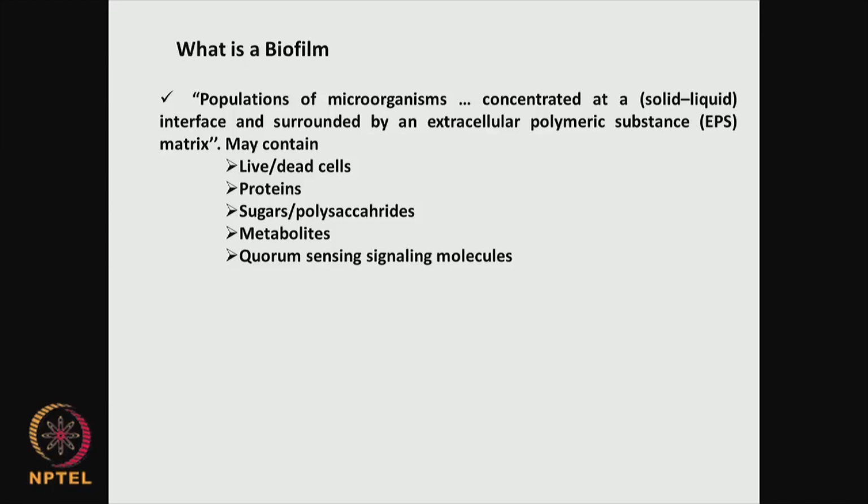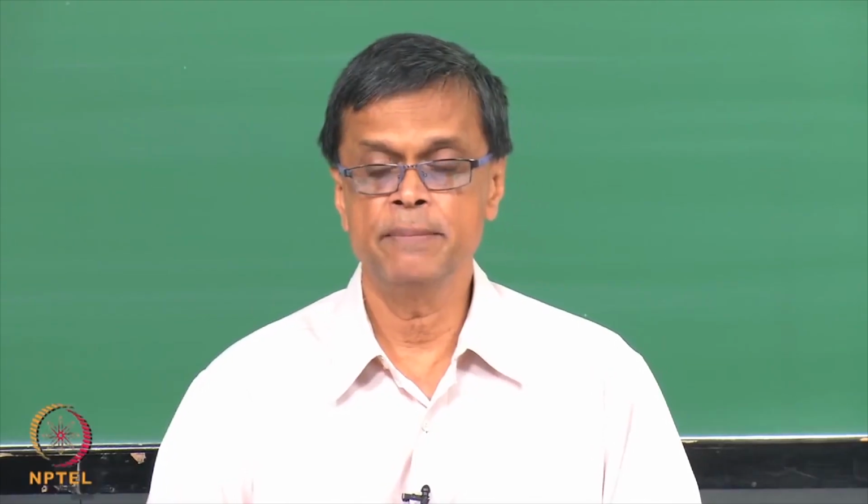You may have live cells, dead cells, protein, sugars, polysaccharides, metabolites, quorum sensing signaling molecules. Some of the cells may be at a different genetic level, they might have stopped growing at a faster rate and so on, which may lead into persister cells or drug resistant cells.